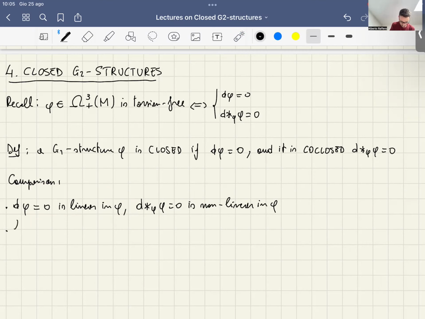However, if you think at these equations locally, so you write them down with respect to some coordinate chart, with respect to some local coordinates, then the equation d phi equals 0 is a condition on a 4-form. So this will give you, in general, 35 equations locally.